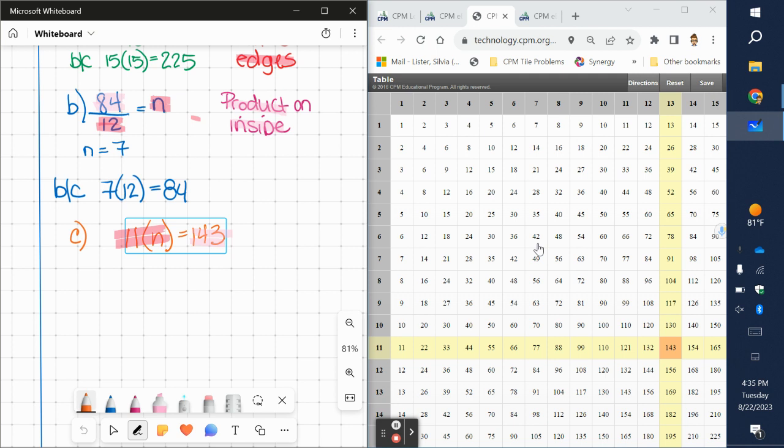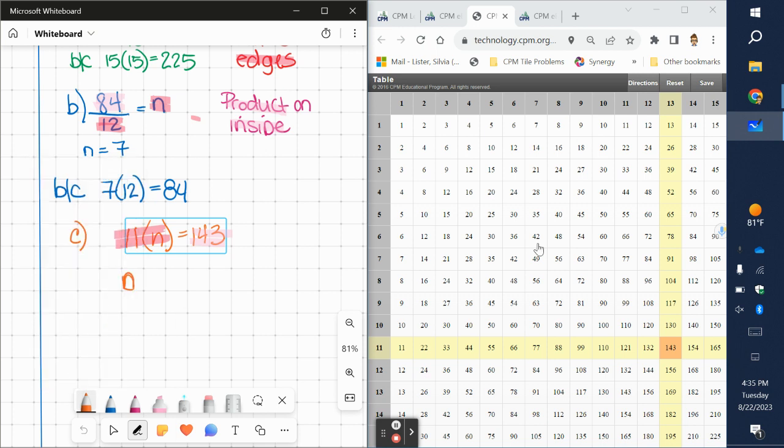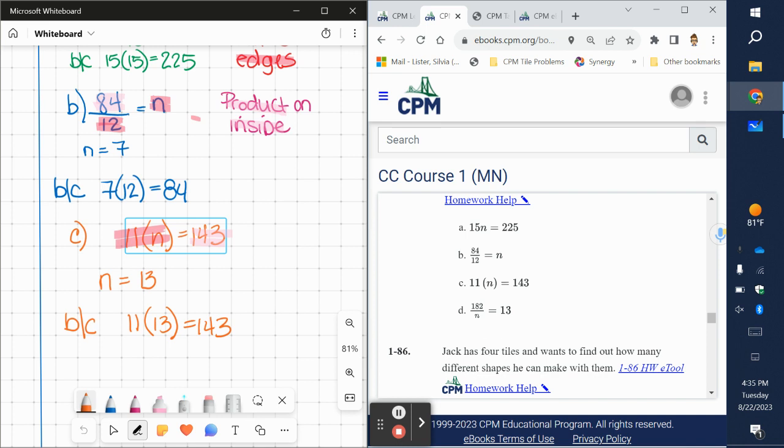So n equals 13. I'm just writing this. They didn't ask me to write this, but I know that's because 11 times 13 equals 143. I'm just writing that for my own knowledge.